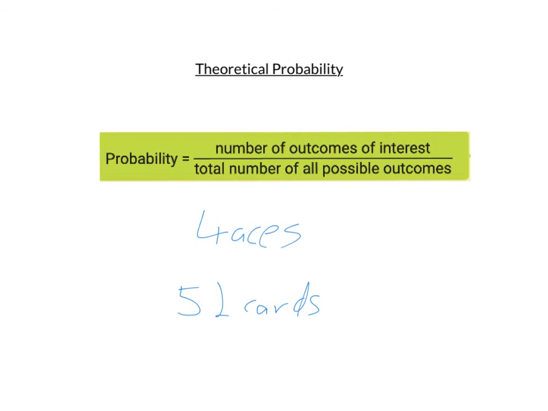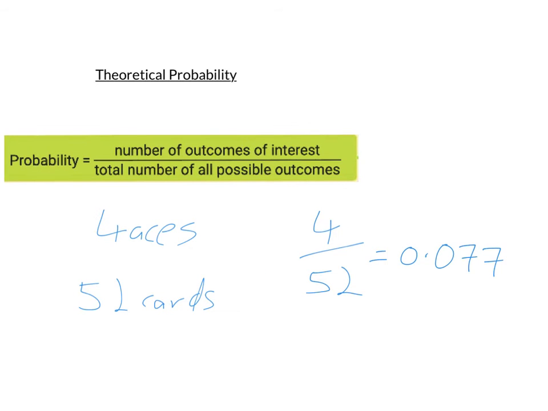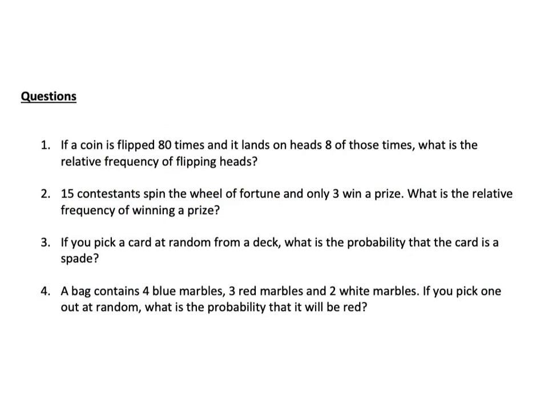So to find the probability, what we will do is divide the number of outcomes we're interested in, which is the 4 aces, by the total number of outcomes, which is 52. Again, we put this into our calculator and we get a decimal unless we're told to get it in a different form. When we put this into our calculator, we get 0.0769, which you can just write as 0.077.